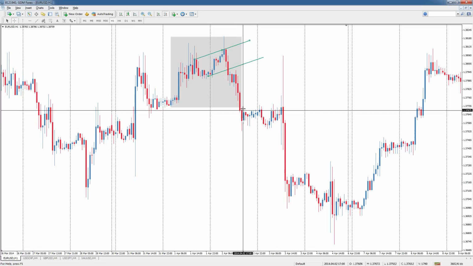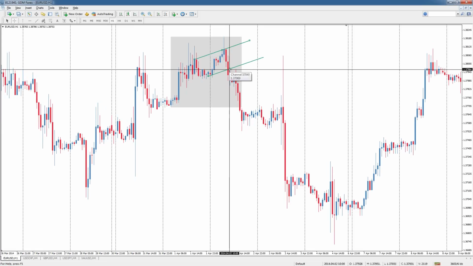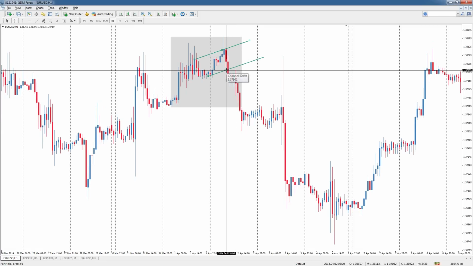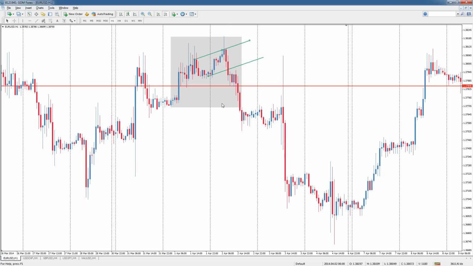So from the point at which we penetrate the neckline, or the lower line of the equidistant channel, we can put our target 15 pips lower. So somewhere down here. There we go. And that would be our take profit if we wanted to place a short position based on this double top.